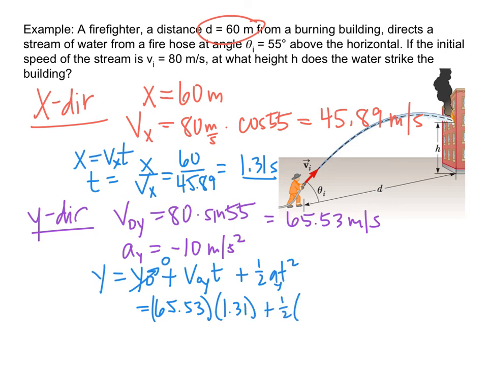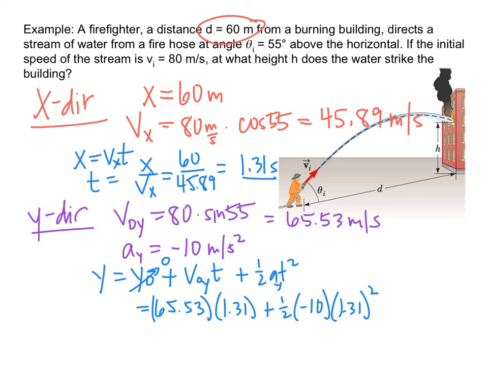My acceleration, again, I got to make sure I put that in as negative. Otherwise, if it's positive, I'm saying that the water just keeps on speeding up as time goes on. And in fact, it slows down until it reaches the peak, and then it speeds up. But the equation takes care of that change. I don't need to consider that. I just need to consider initially how does the velocity and the acceleration compare in terms of direction.